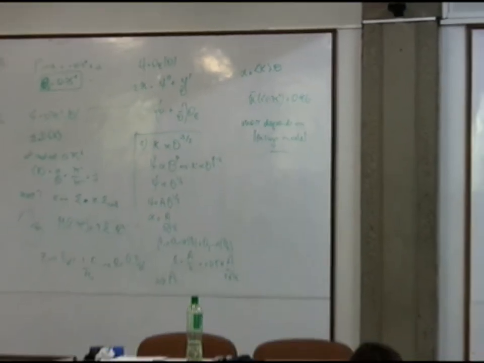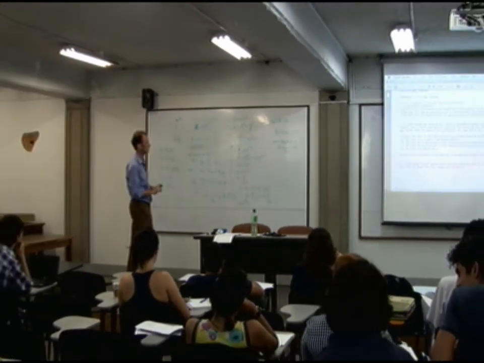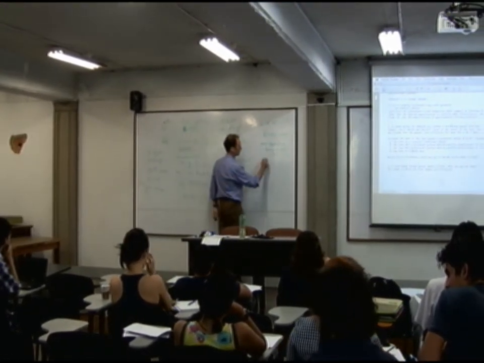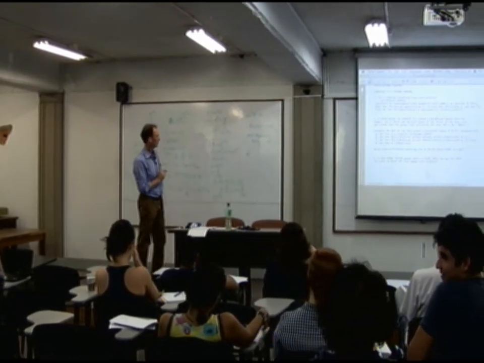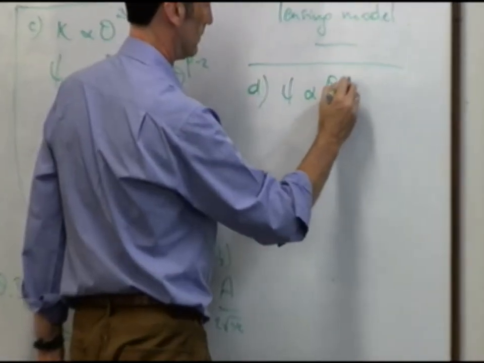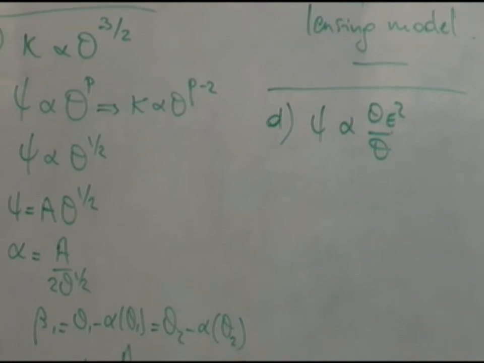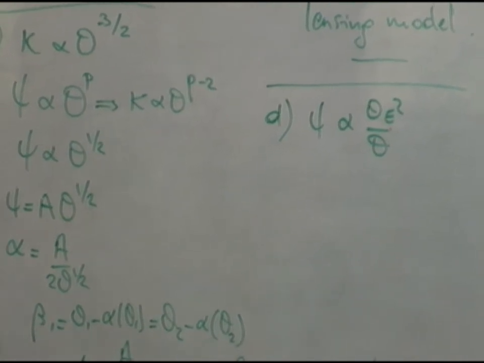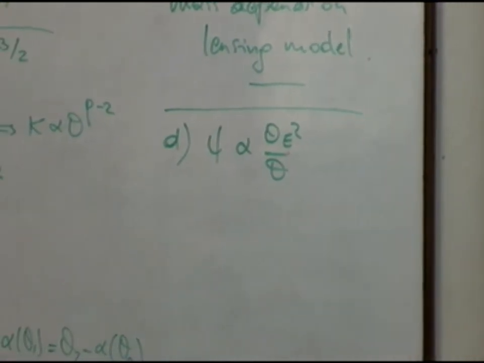But the strategy is exactly the same. Use the image positions to work out the strength of the lens, and then use the strength of the lens to work out the mass. And then D is exactly the same again, but now we have a point mass, so now we have a potential that goes like 1 over the angle, so not 1 over the square root of the angle, sorry, yeah, goes like 1 over theta.